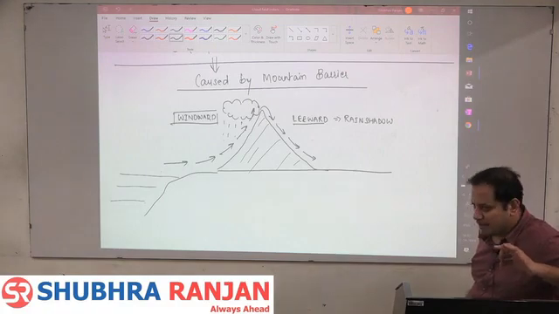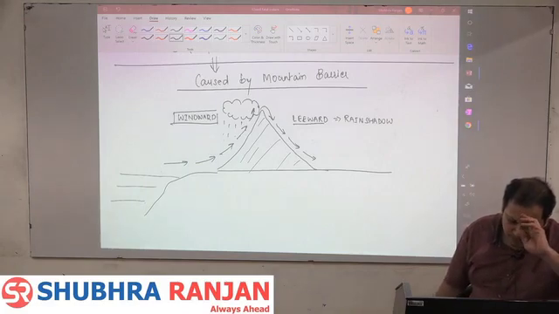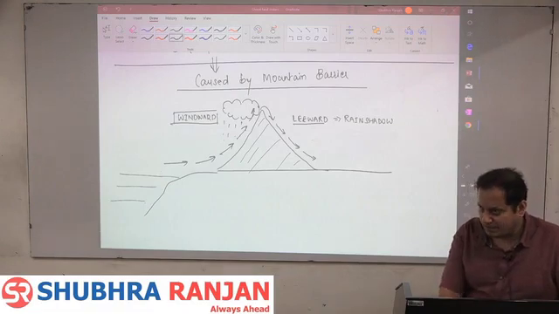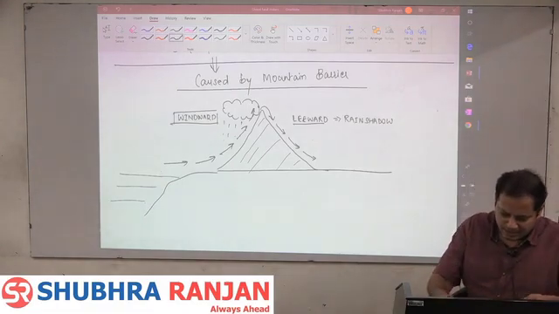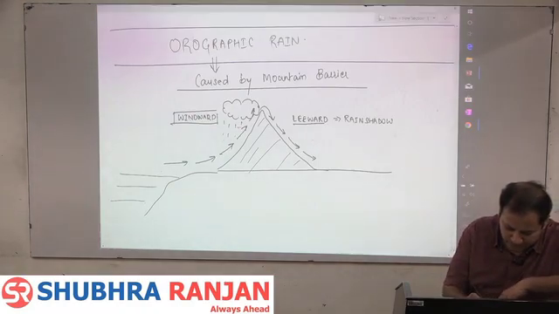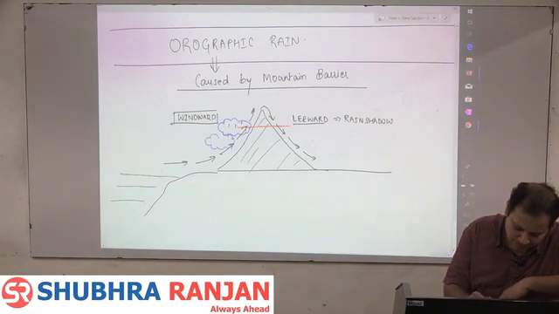The next point is very important. In the high mountains, as the air rises upwards, after a certain height, the rainfall decreases.